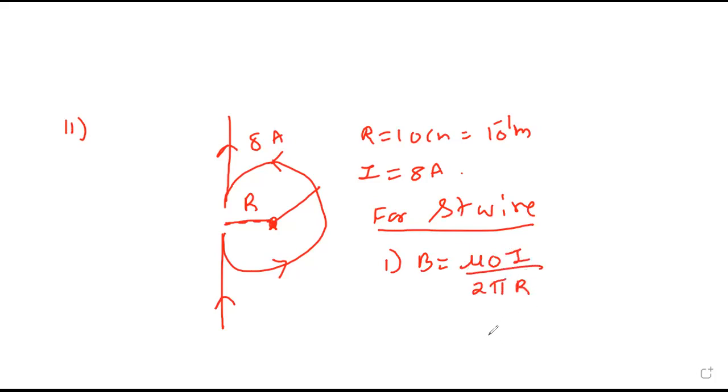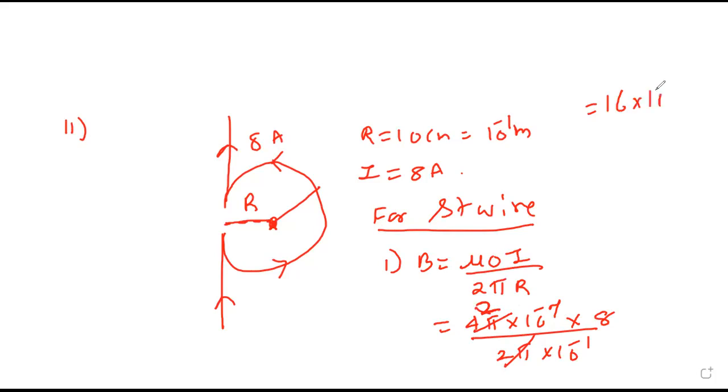So 4 pi into 10 raised to minus 7 into I which is 8 upon 2 pi into 10 raised to minus 1. So this will become 16 into 10 raised to minus 6 Tesla. In which direction will it be at A, inward or outward? Use the right hand thumb rule and say. For a straight conductor, where will be the field? Inward or outward?